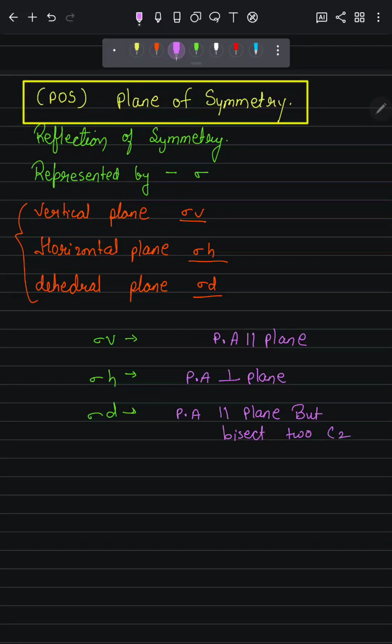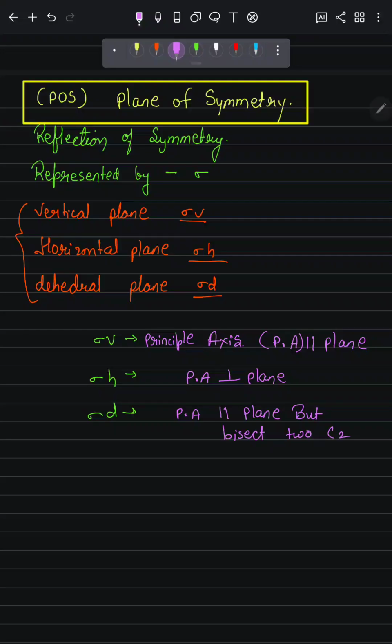So what are the vertical plane, horizontal plane and dihedral plane? In sigma v, the principal axis, which is the highest order axis, is parallel to a plane passing through the molecule. In sigma h, the principal axis is perpendicular to the plane passing through the molecule.